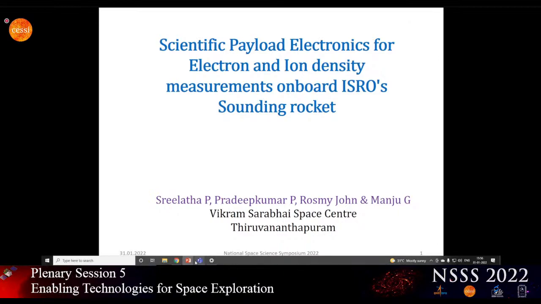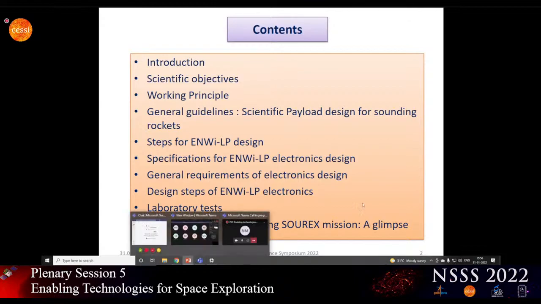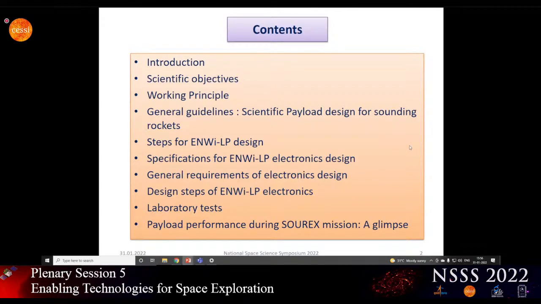I'll touch upon an introduction with scientific objectives and working principles, some guidelines for scientific payload design for sounding rockets, and the NVLP, which is the main payload I'm concentrating on. I'll cover the steps of designing the payload and electronics, the tests, and a glimpse of the payload performance during the SAUREX mission.